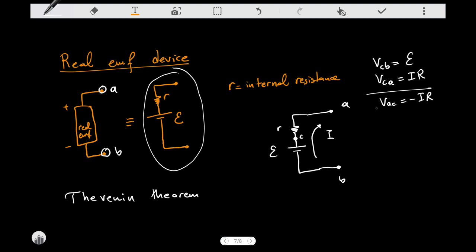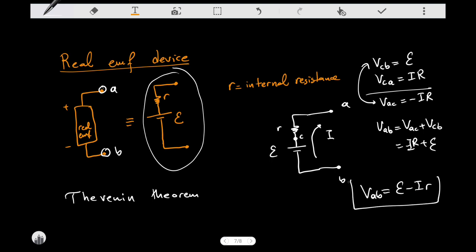If I add V_AC together with V_CB, I get V_AB, so that's V_AC plus V_CB, which is minus IR plus EMF. Therefore, the potential difference across the terminals of the real EMF device is equal to EMF minus I times R.